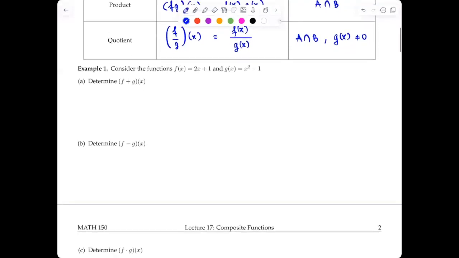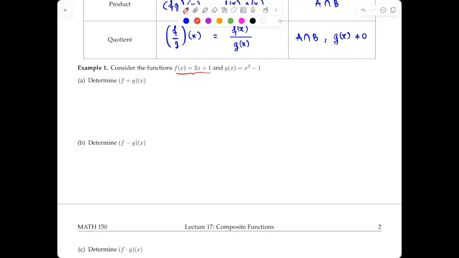All right, so a few notes I want to include here. So this is a linear function, or this is a polynomial function of degree 1. And g of x is the quadratic function, or this is a polynomial function of degree 2.